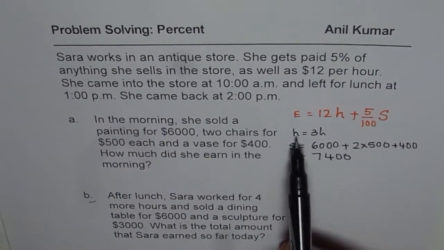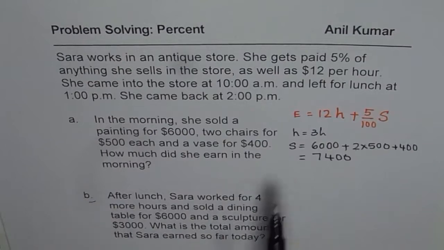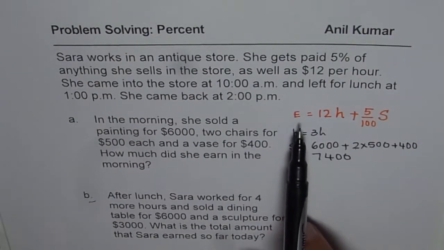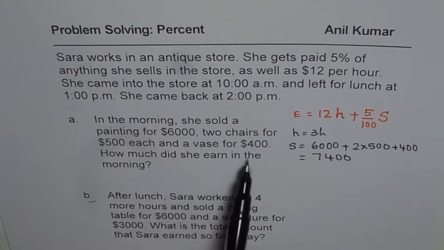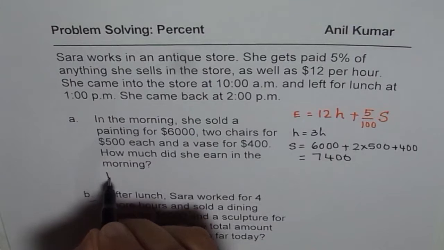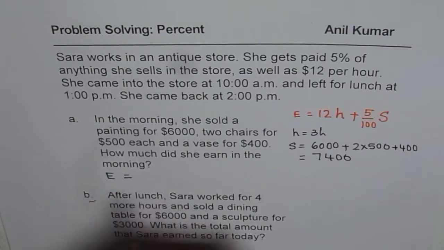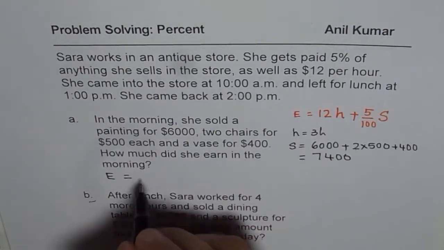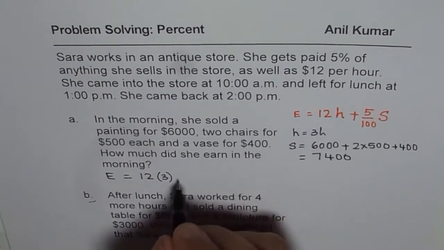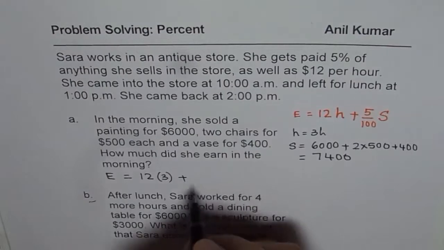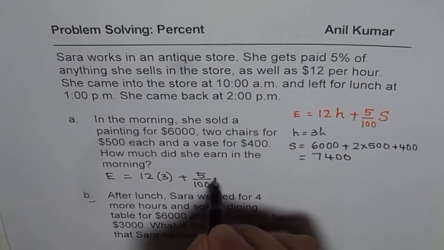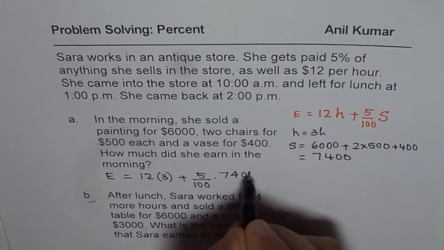Now we know the number of hours Sarah has worked and the total amount of sales in dollars, so we can find her earnings. How much did she earn in the morning? Earning is equal to 12 times 3, in brackets, plus 5 out of 100, that is 5%, times 7,400.